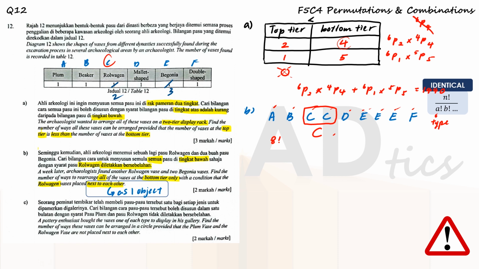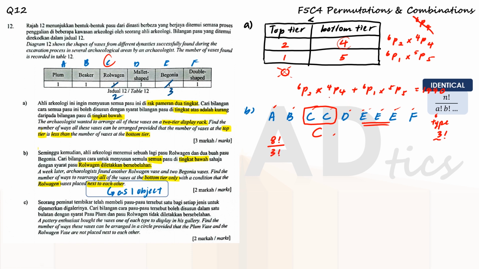Here we have only one type that has identical objects, which is E. There are 3 of them, so we only need to divide by one factorial, and the number depends on the duplicates that we have. Here we have 3 E's, so we divide by 3 factorial.